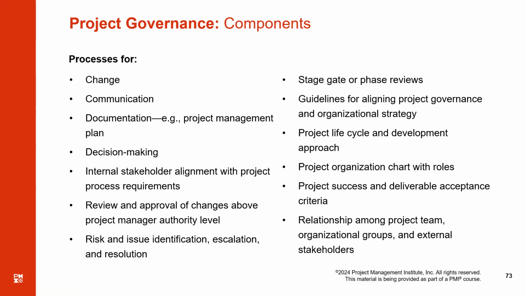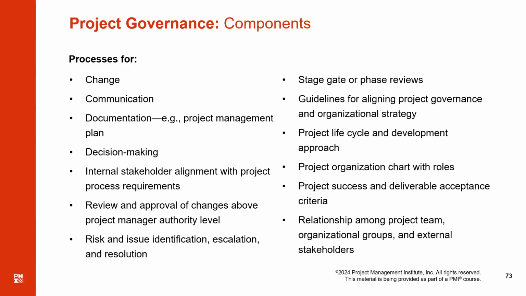How a change in the project can be brought up, the procedure could be explained. Communications in the project, documentation, what kind of documentation is required from the project, how decisions are to be made by the project manager or anyone in the project, how internal stakeholders are aligned with the project process requirements, review and approval of changes, what the process for that is, and what the authority of the project manager is. Risks and issues, they're two different things, I'll talk more about them.